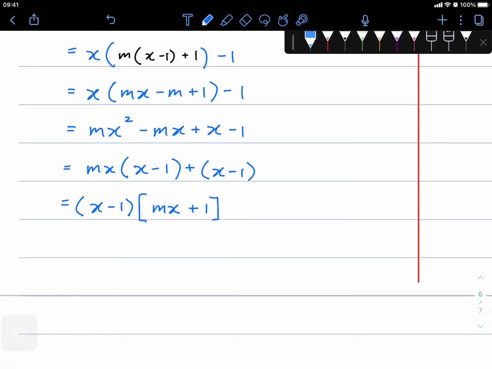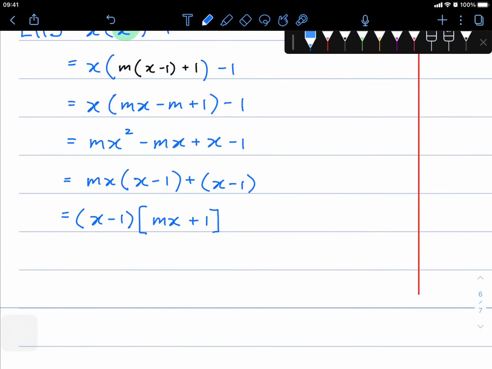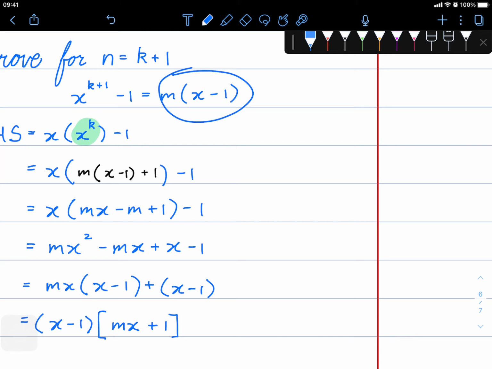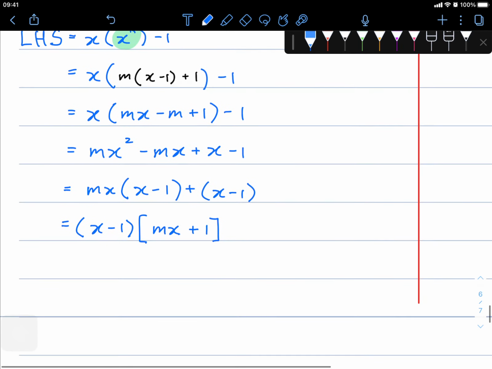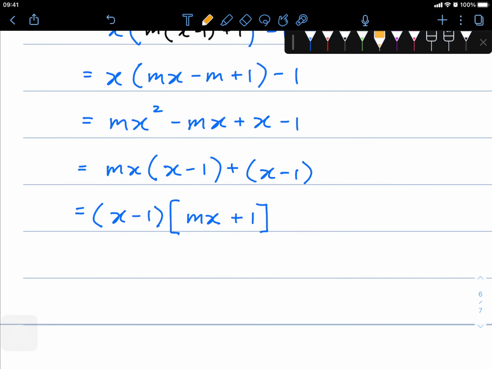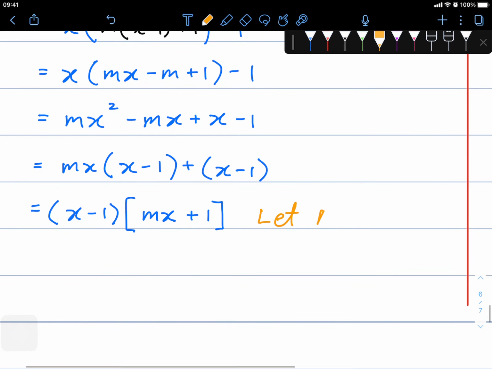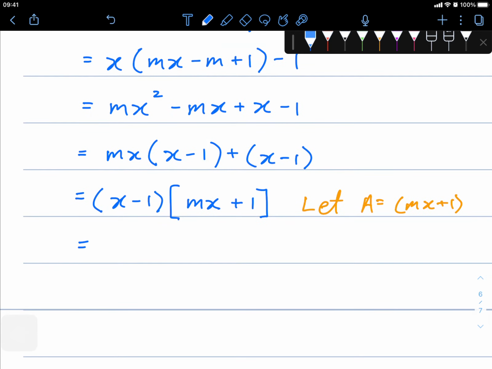Now if we take a look, this is actually already of the form m times x minus 1. Do you see it? If you don't see it here, I'll do a few extra steps. Let's say we let capital A be equal to mx plus 1. The expression can now be written as A outside of x minus 1.